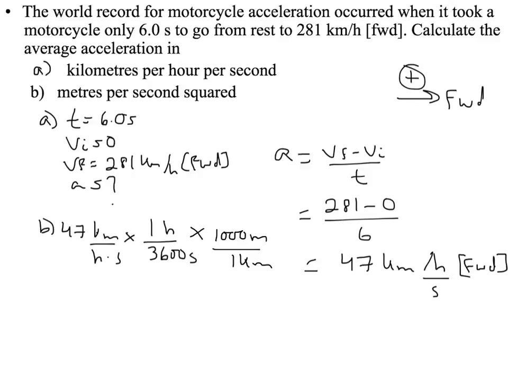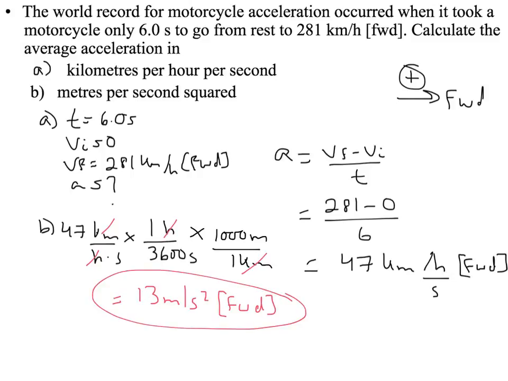So now what can we cross out? We can cross out kilometers. We can cross out hours. We do the math, and we end up with 13 meters per second squared forward. Okay, so we have an answer there, and we have an answer there.